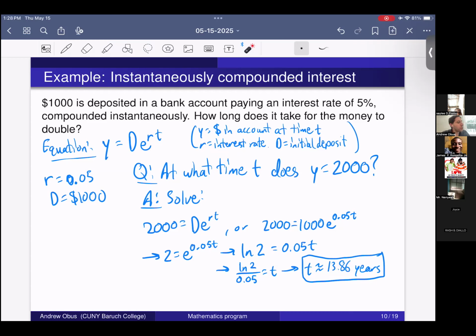Oh, yeah, we're doing 2,000. This is the question, right? You say 1,000 is deposited. How long does it take for the money to double? So we're rephrasing that question as, at what time t is the amount of money equal to 2,000? This is exactly it, 2 times 1,000. That's how we get that. Right, that means the money is doubled when it's 2,000. Okay.